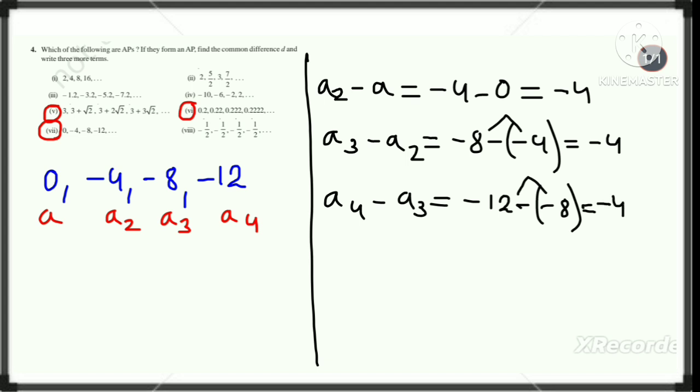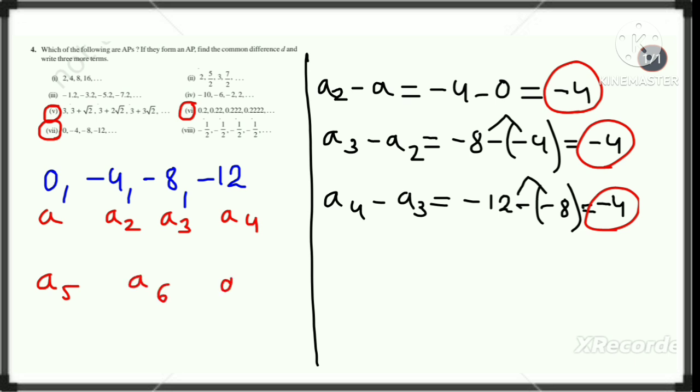In this way, we came to know the difference between each term is the same, that is minus 4. So we can say that it is an AP. According to this question, again we need to find its 3 more terms, right? That is, we need to find the 5th term, 6th and 7th.